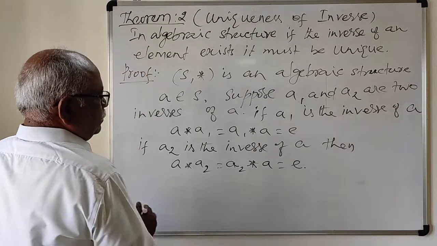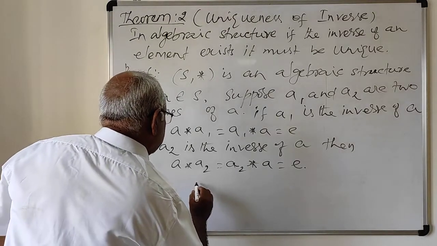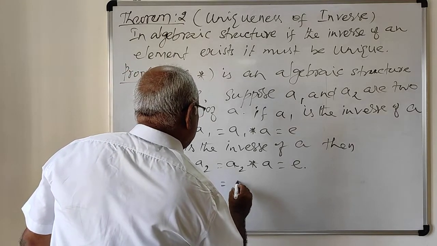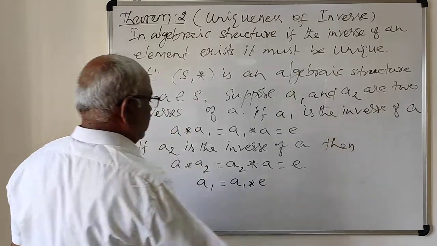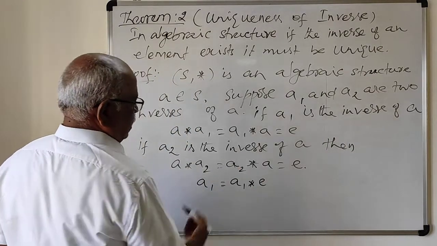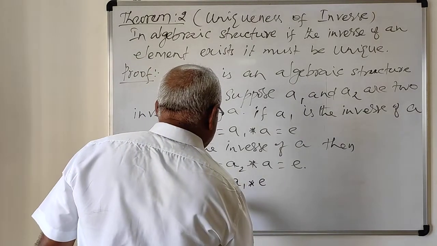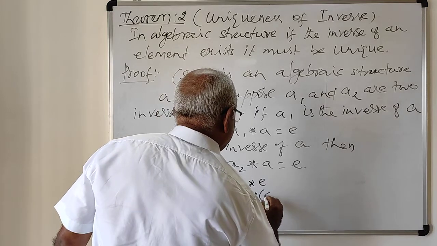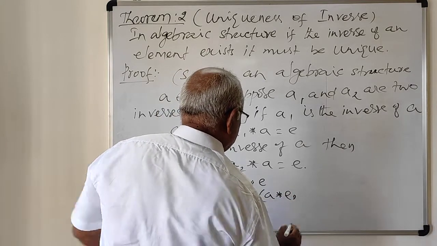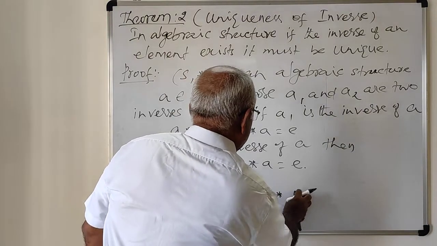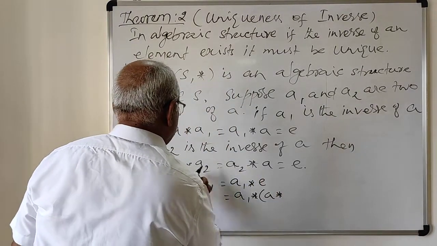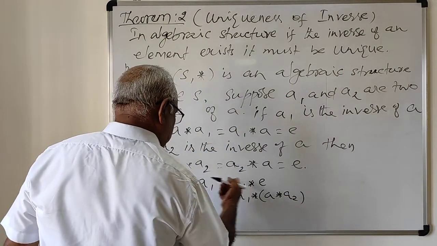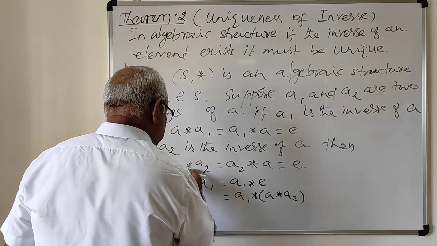For that, A1 equals A1 star E. I replace this E by A star A2. So A1 equals A1 star (A star A2).